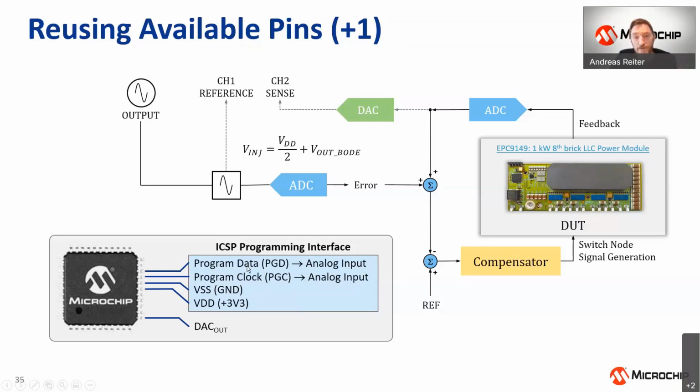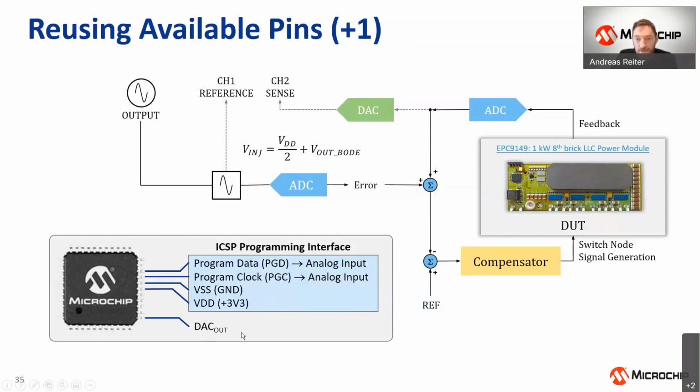It's not only covering programming and debugging, but also allows us to inject signals or to read signals from these pins. And this is the interface we're going to use here, so that we can have a representative test interface, which is decoupled from the power part and easily accessible. The only additional pin we need in addition to that programming interface, which is in place anyway, is the DAC output.